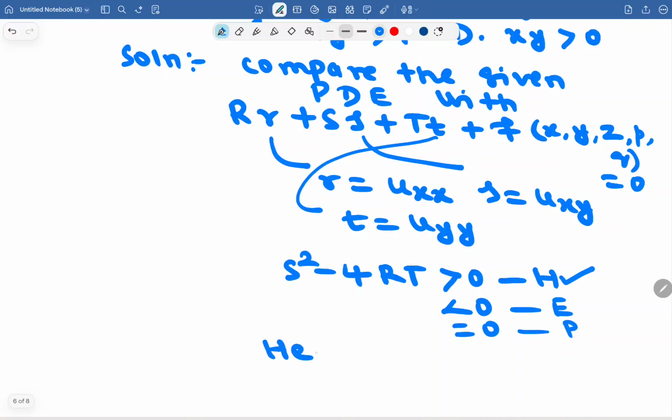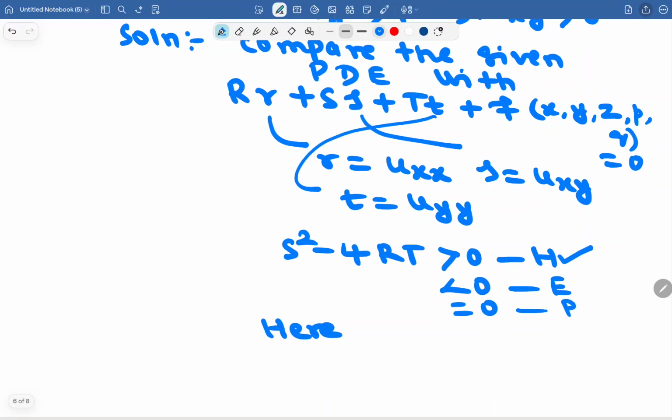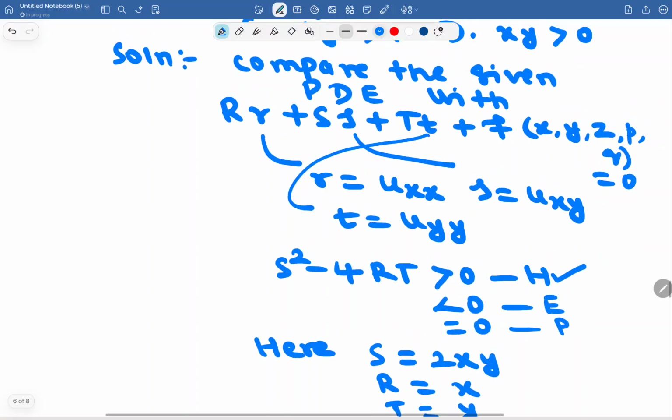Here s equal to 2xy, r equal to x, t equal to y.